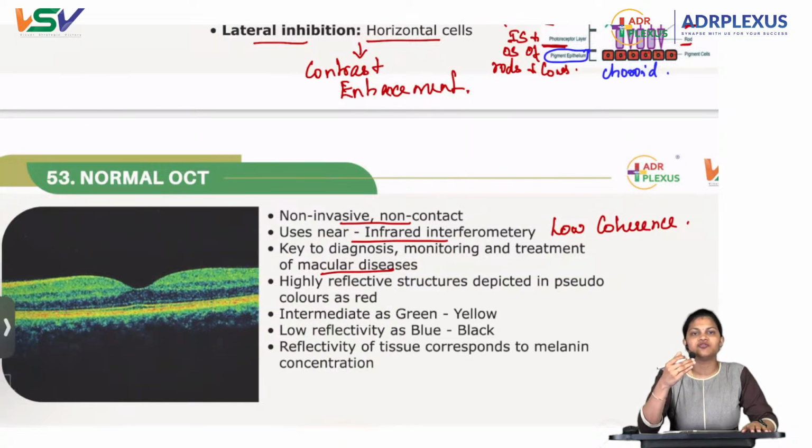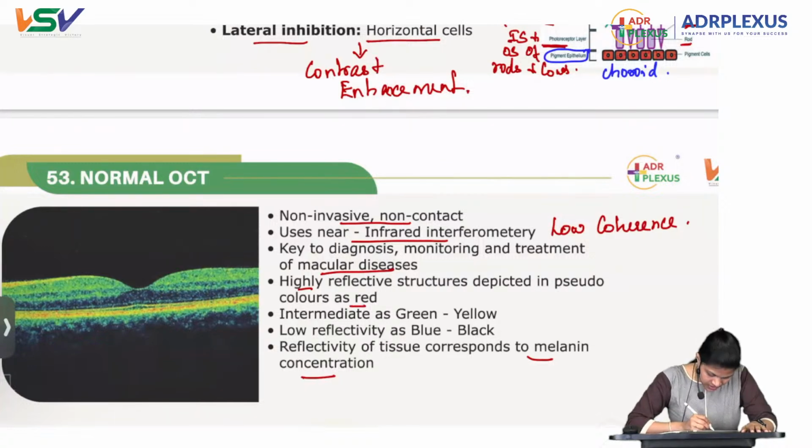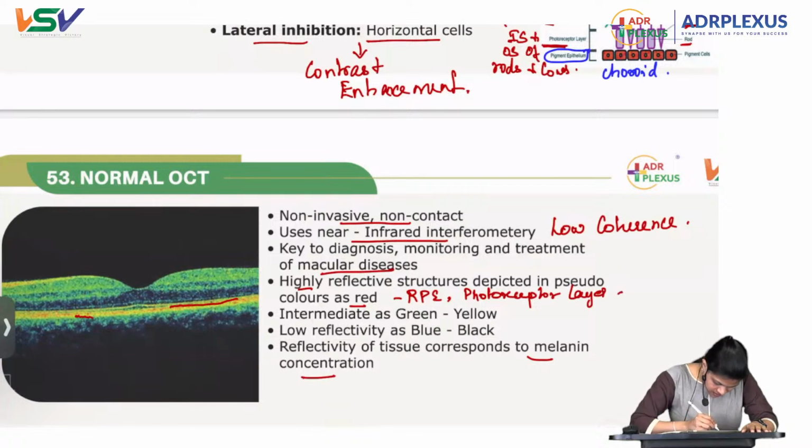So highly reflective structures are due to the presence of melanin. Depending upon the melanin concentration only, these structures will be reflected. So highly reflective will be in red color. As you can see here, this red color is the RPE, and then you have the layer of rods and cones also, the photoreceptor layer, also in red color, and you have here the nerve fiber layer.